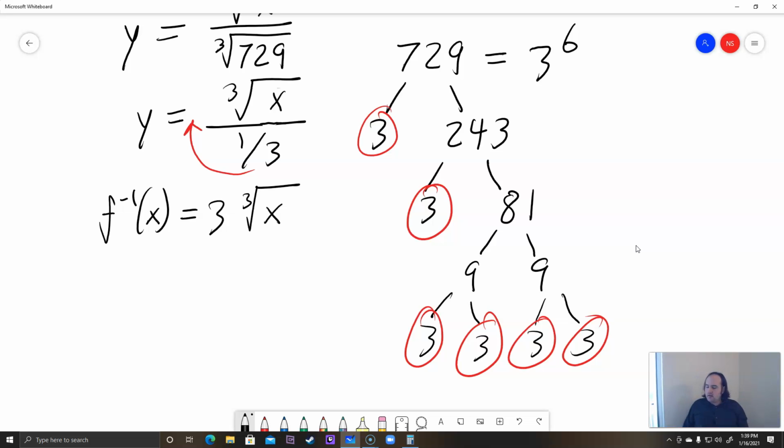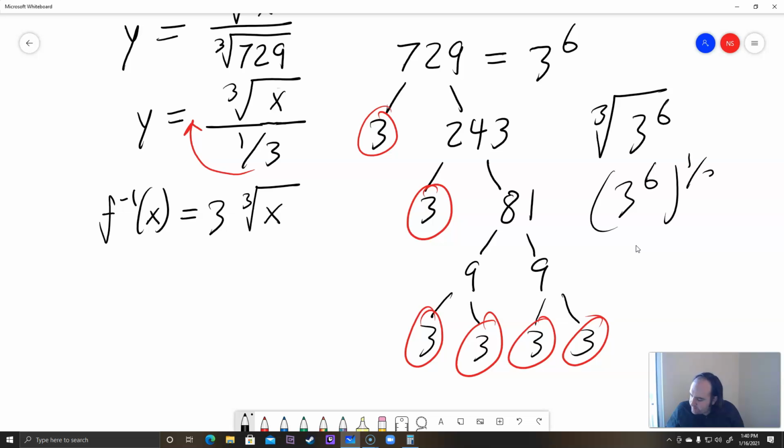Okay? And then when you take the cube root of that, so if I take the cube root of 3 to the 6th, that's the same as 3 to the 6th raised to the 1/3 power. I don't know if you remember that, but if you have a radical, you can turn that into a rational exponent where the denominator of your exponent is the same as that type of radical.